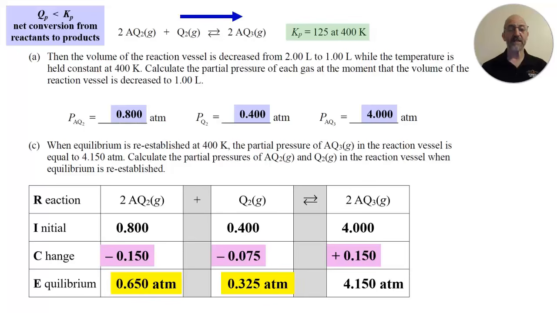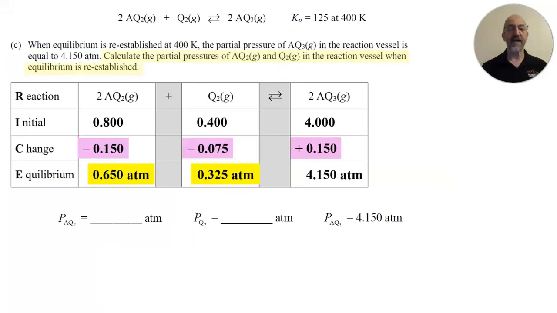Well, that would be 0.325 atmospheres. That's the partial pressure of substance Q2 in the reaction vessel when equilibrium is reestablished. So we have now answered part C of question 6. We have calculated the partial pressures of AQ2 and Q2 in the reaction vessel when equilibrium is reestablished.